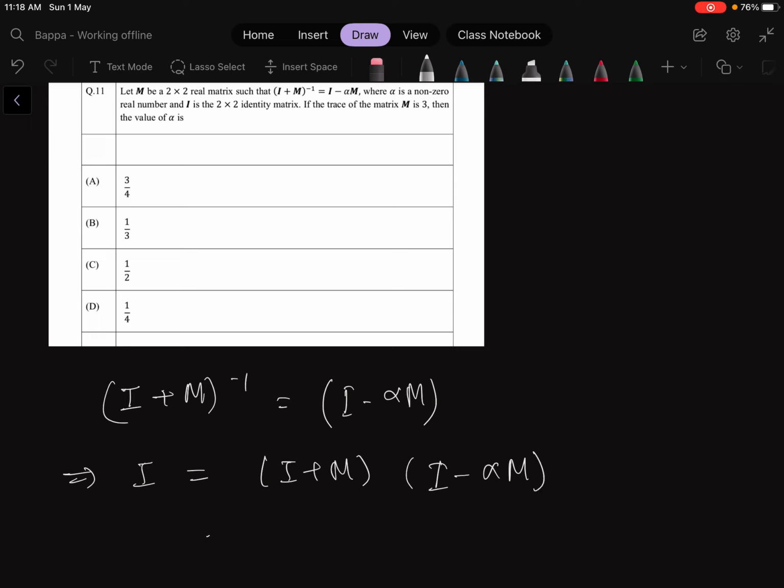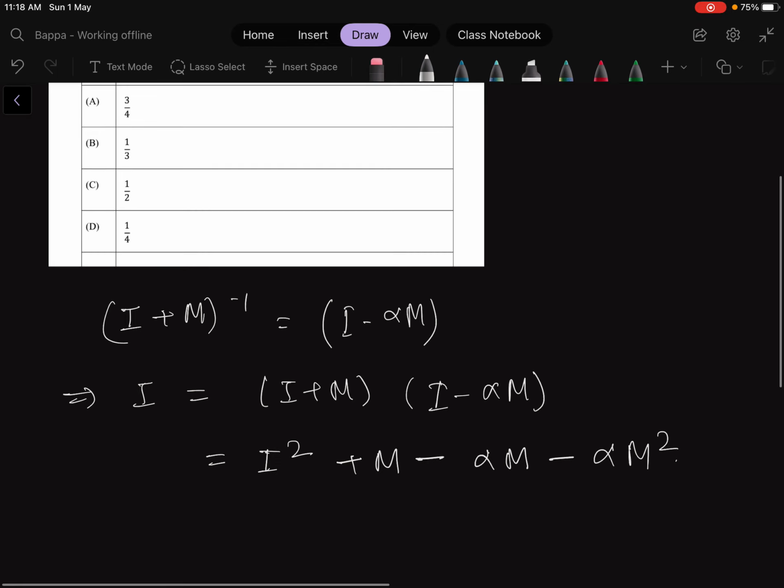So this is equal to I squared plus M minus alpha M minus alpha M square. So that implies that this identity cancelled out.